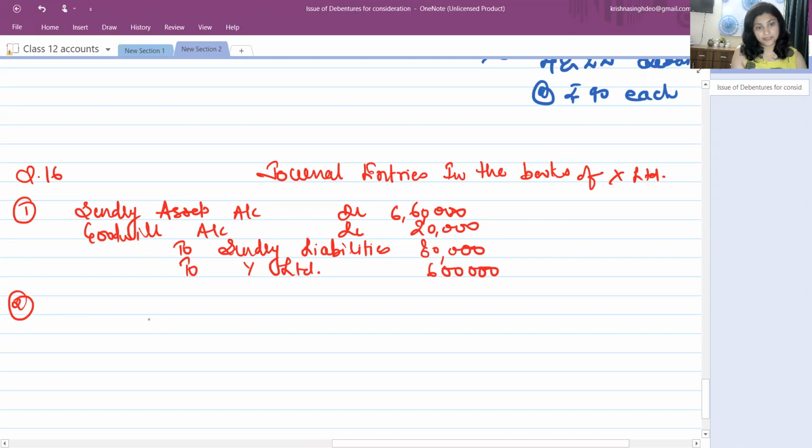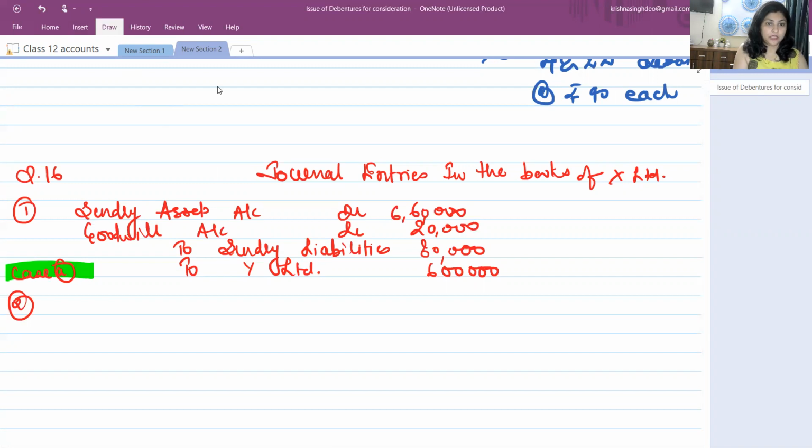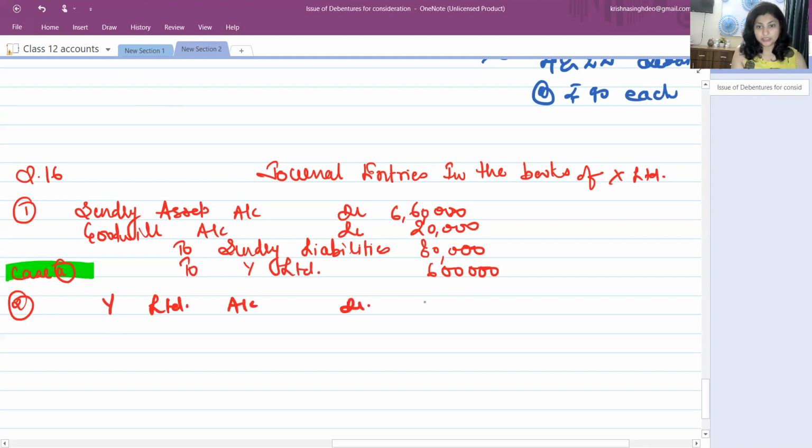Now let's pass the second entry, case A. First of all, Y Limited account will be debited with the purchase consideration itself.